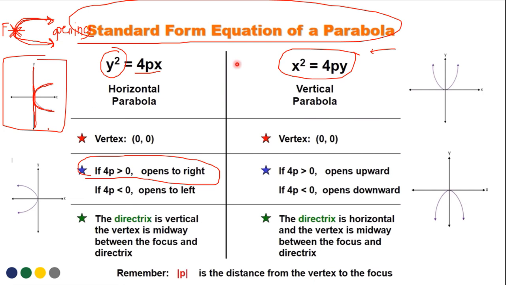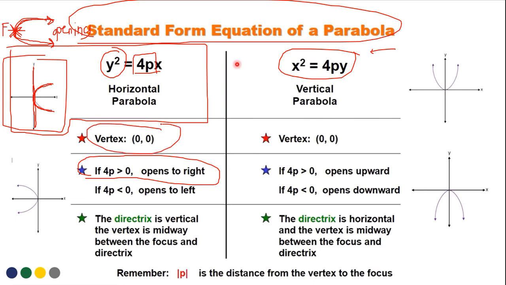Alright? So, the first example here is opens to the right, that's why it is positive. And as you can see, 4p has no negative sign. And again, you're going to use y squared is equal to 4px if the vertex is at 0, 0.